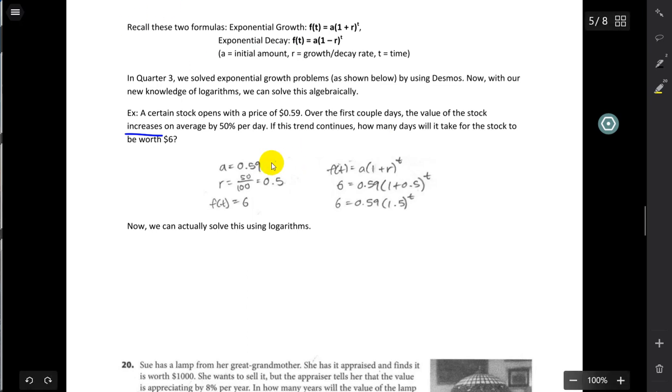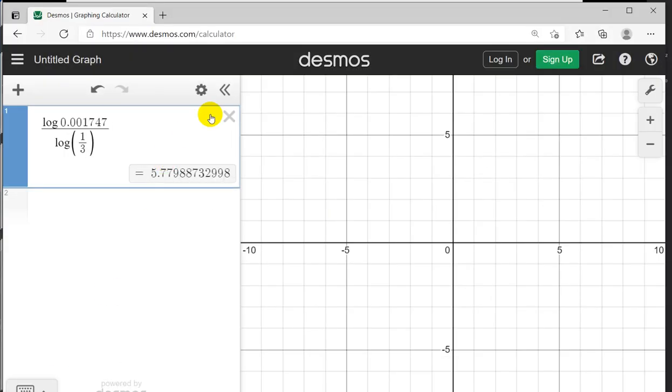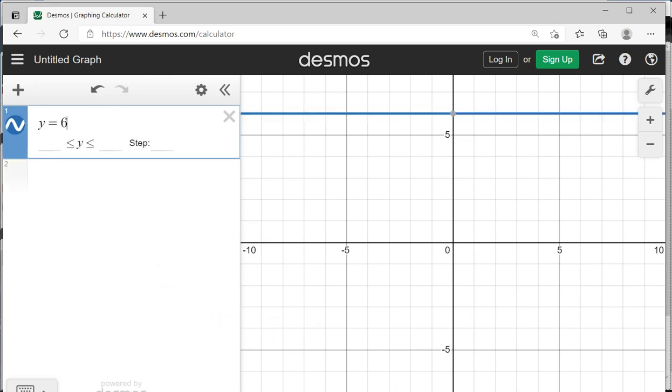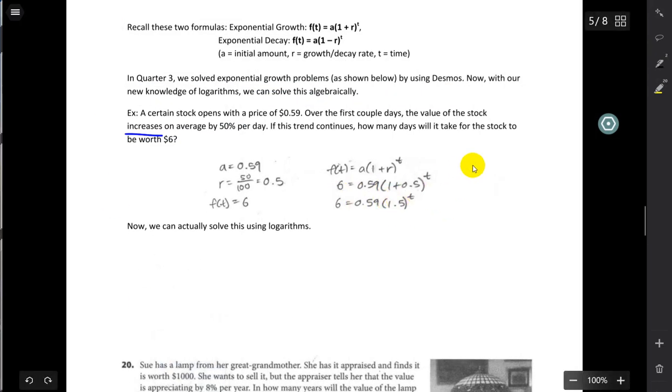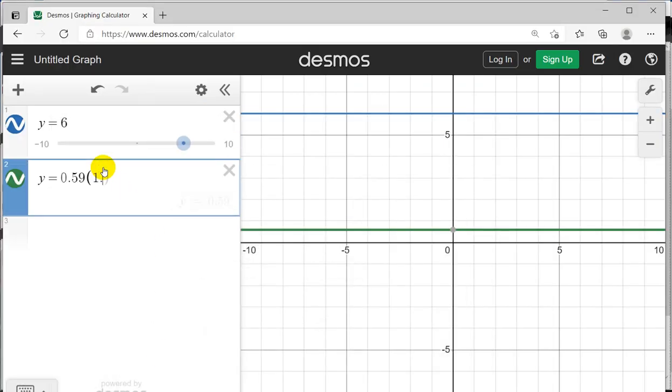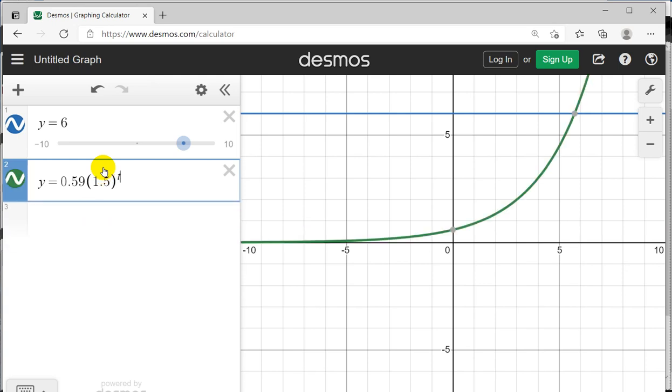Okay, so all these variables here are what we defined before, and then we can get to this point. Remember what I showed you in the past. To actually solve it, we could graph the left-hand side, y equals 6, and the right-hand side, y equals 0.59 times 1.5 raised to the power of t.